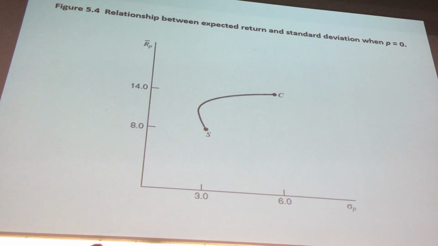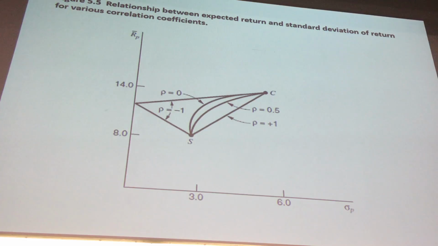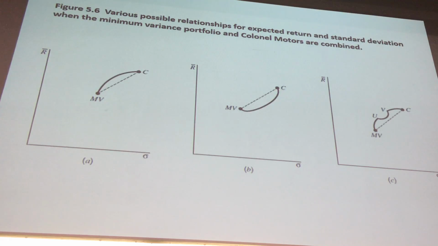For any arbitrary rho value, that could be rho equals 0, we just discussed that it is a nonlinear graph. But what is the guarantee that that nonlinear graph wouldn't be something like part C?